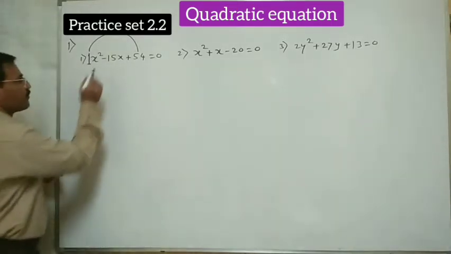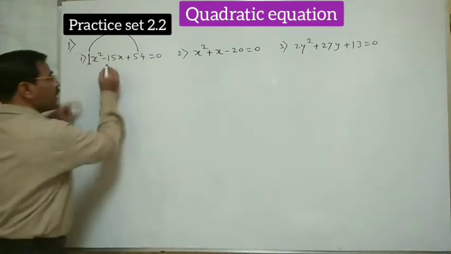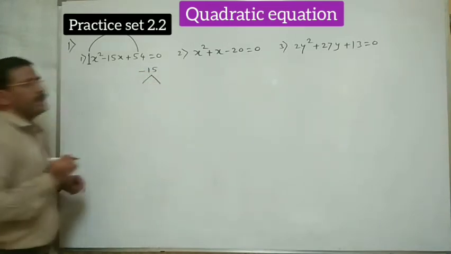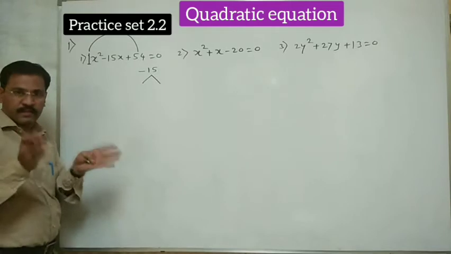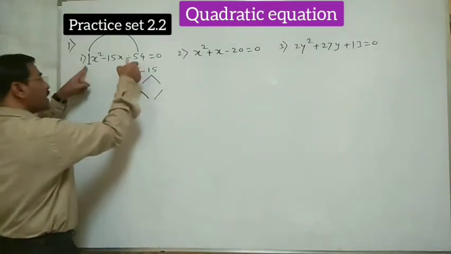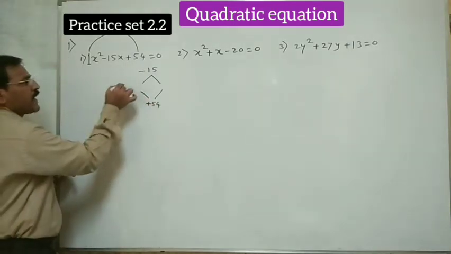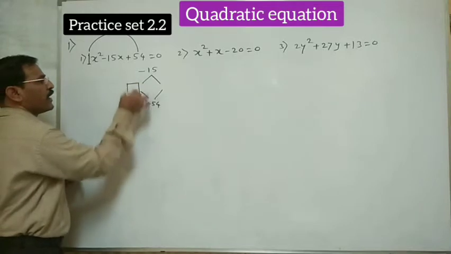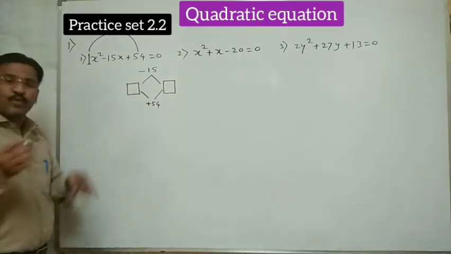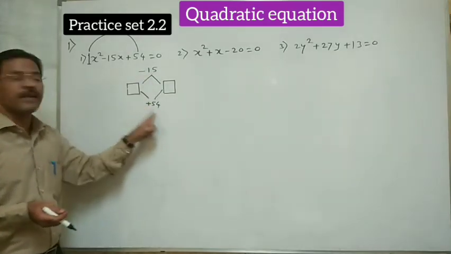See first what we are going to make. Here we are going to split minus 15, and the product should be plus 54. Try to understand. Their sum should be minus 15, their product is 54.